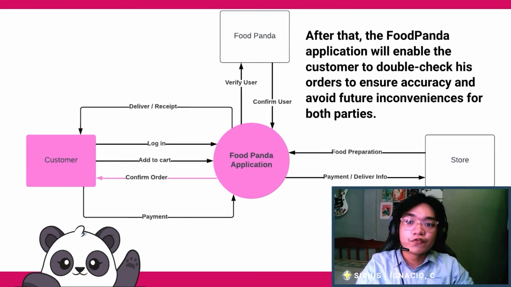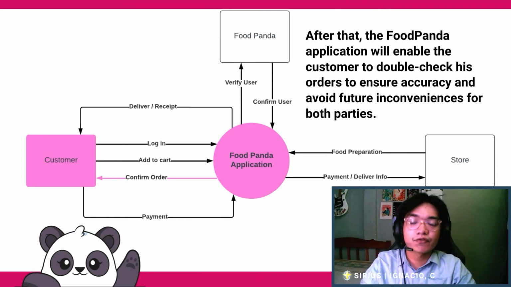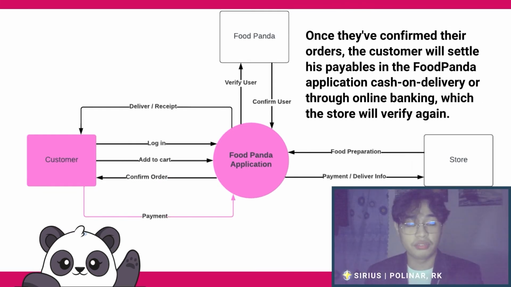After that, the Food Panda application will enable the customer to double-check their orders to ensure accuracy and avoid future inconveniences for both parties. Once the customer has confirmed their orders, the customer will settle their payables in the Food Panda application through cash on delivery or through online banking, which the store will verify again.